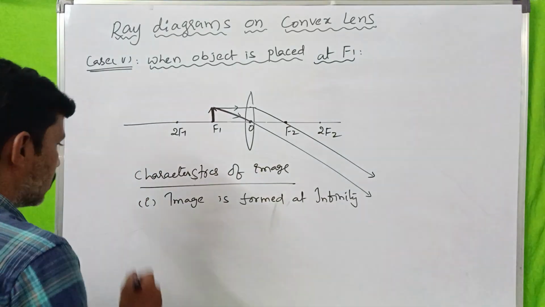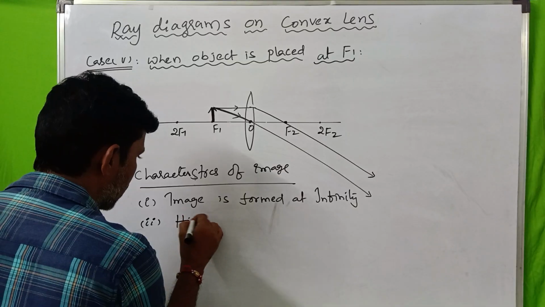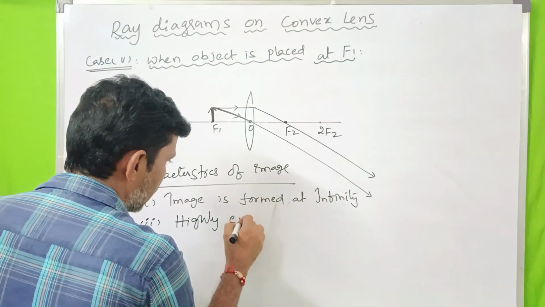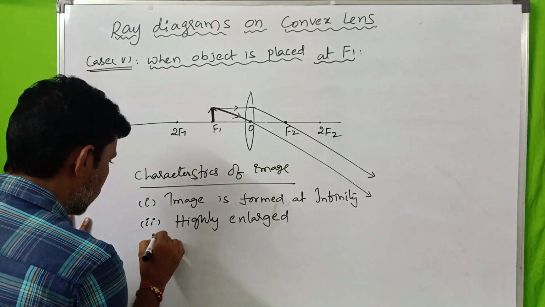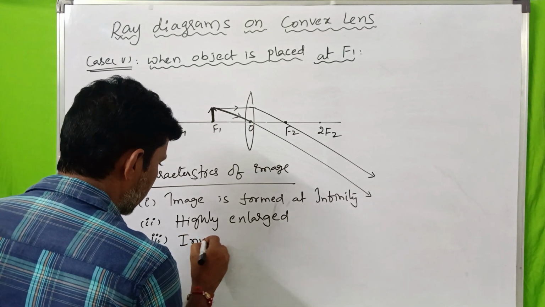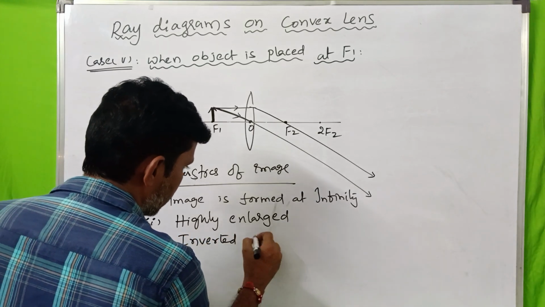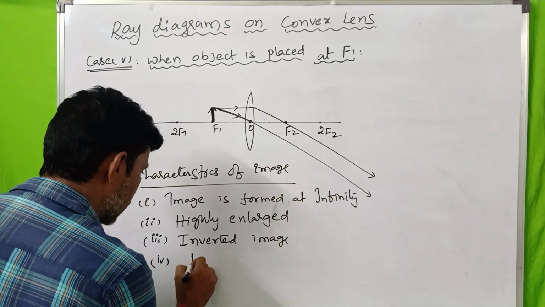Okay, right. Next, the second one: size, enlarged, highly enlarged. And the third one, inverted only; below the principal axis only it is formed. So an inverted image. And the fourth one is real only.